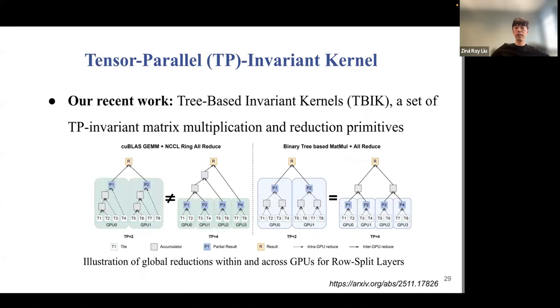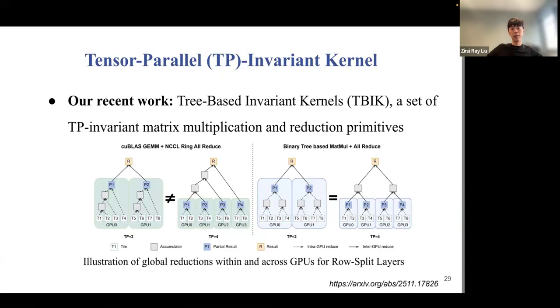Later, this work was developed in my lab. We developed the TP invariant kernel. TP invariant kernel means no matter how many GPUs you use for tensor parallelism, your final result is guaranteed to be bit by bit identical.